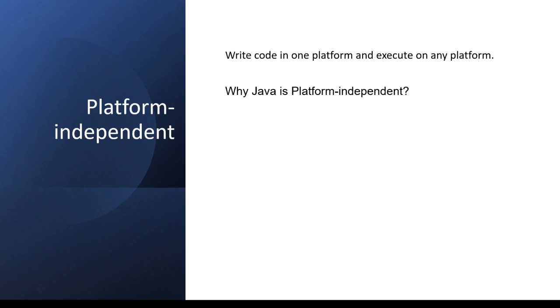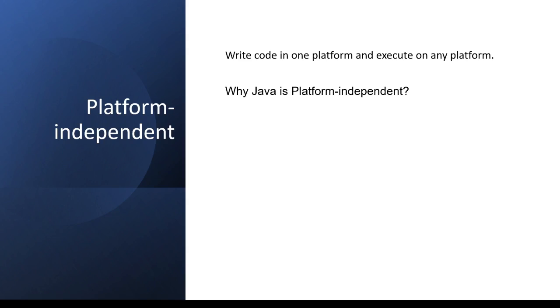First, the compiler will generate the class files, and these class files can be transferred to any platform and executed. For example, I wrote a Java code in Windows and compiled it in Windows. The class files we generated after compiling in Windows, I can transfer to Linux or Mac OS and execute on the other platforms.